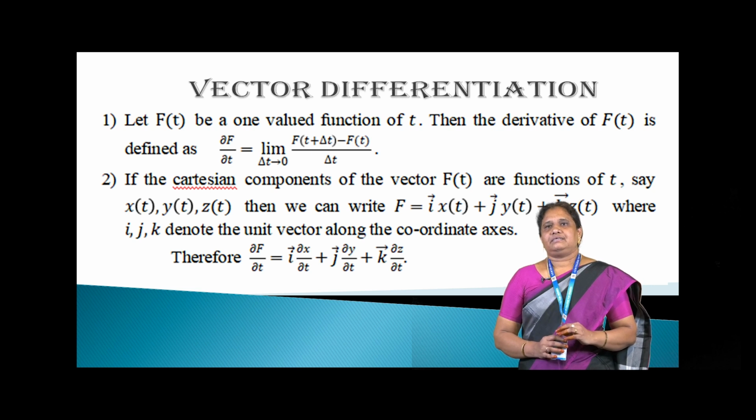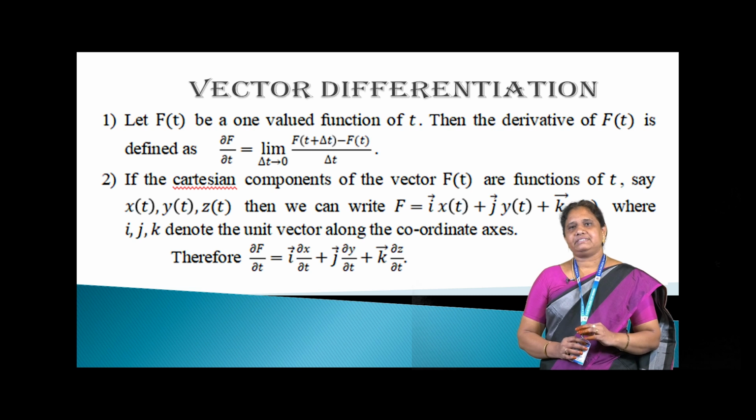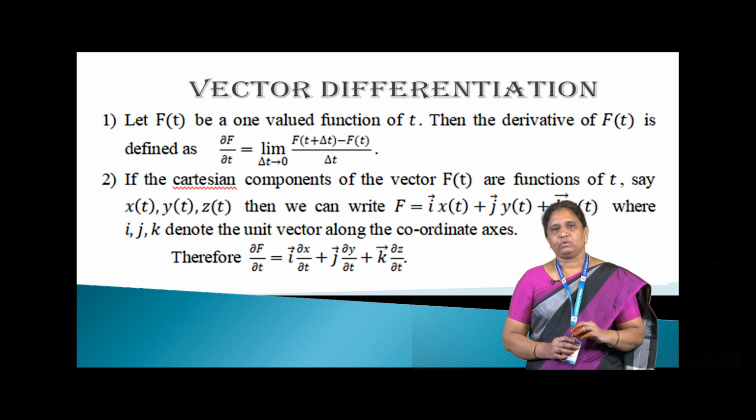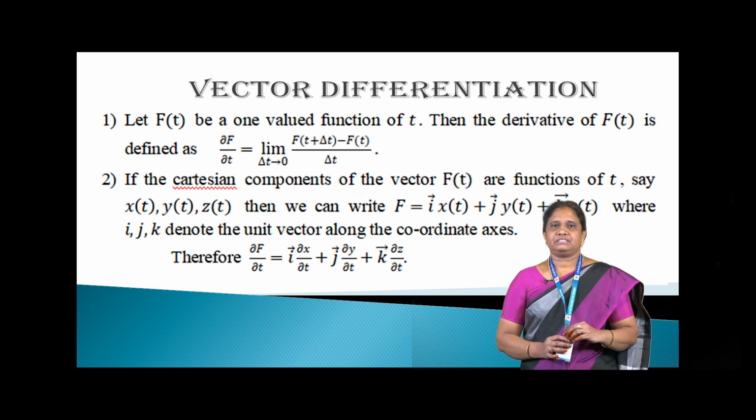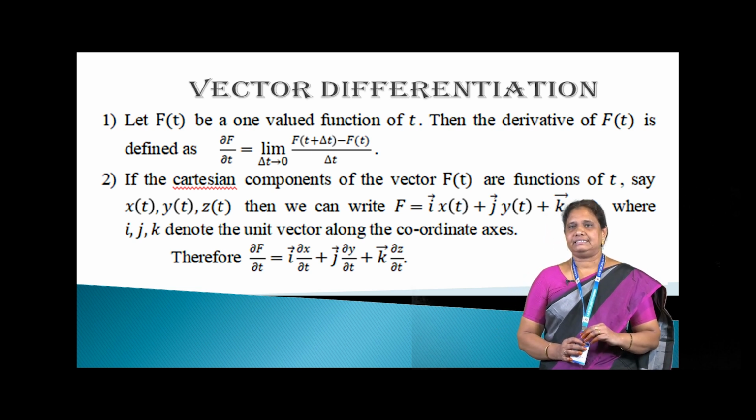So generally, if f of t is a one valued function of t, then the derivative is given by ∂f/∂t, which is equal to the limit as Δt tends to 0 of f of t plus Δt minus f of t, divided by Δt.